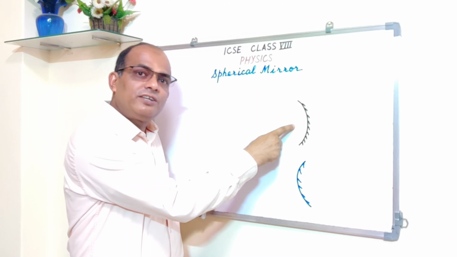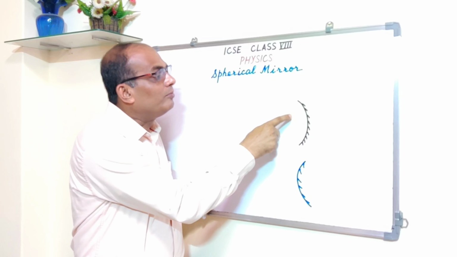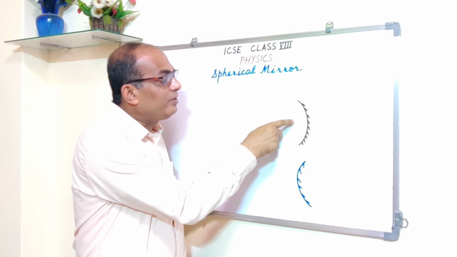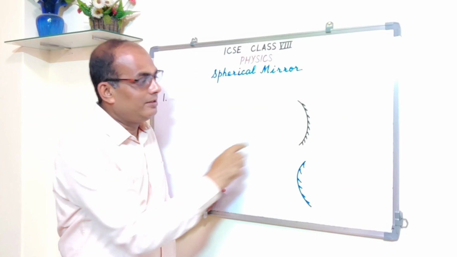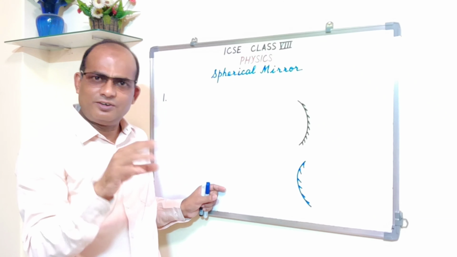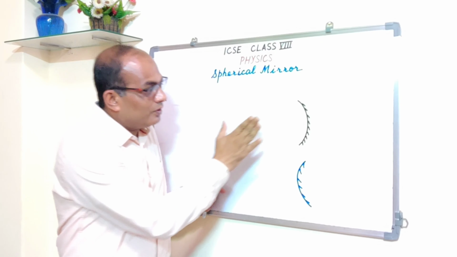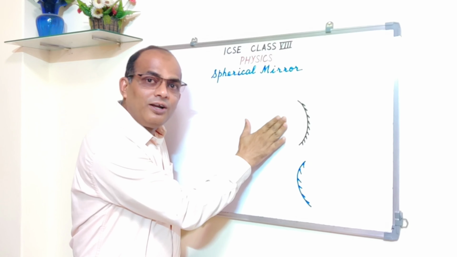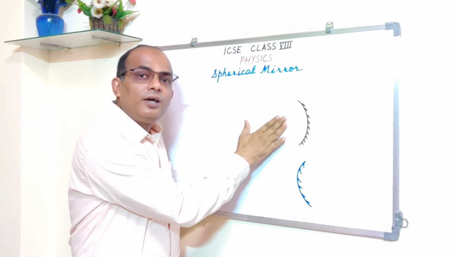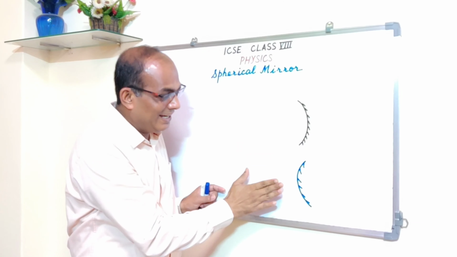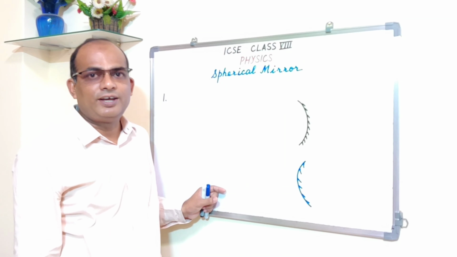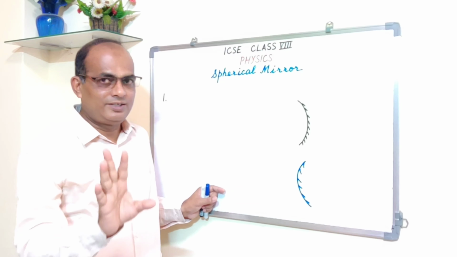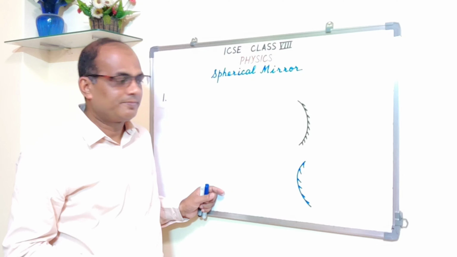And here the reflection is taking place from the surface which is curved inwards, bent inside. Please try to understand, not difficult, very easy. So this type of spherical mirror we call concave mirror, and this type of mirror we call convex mirror. So these are the two types of mirror.